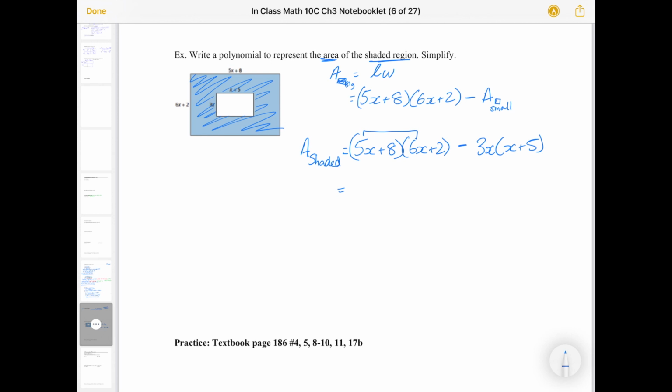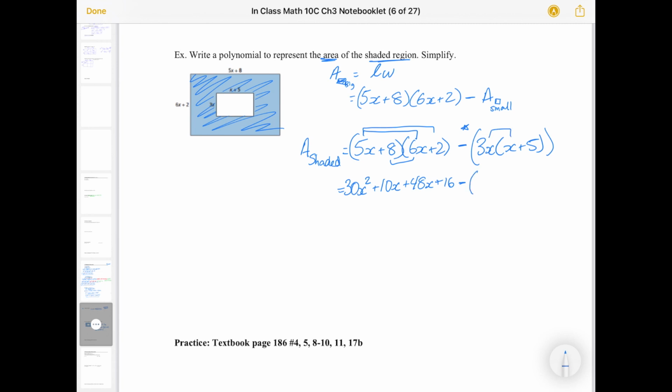So 5x times 6x, that is going to be 30x squared, plus 5x times 2, plus 10x, plus 8 times 6x will be 48x, plus 8 times 2, 16, minus, and I'm going to put another bracket here because I need to be very careful that I'm subtracting this whole thing.